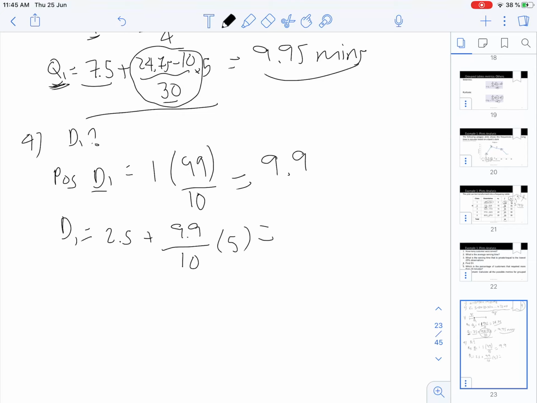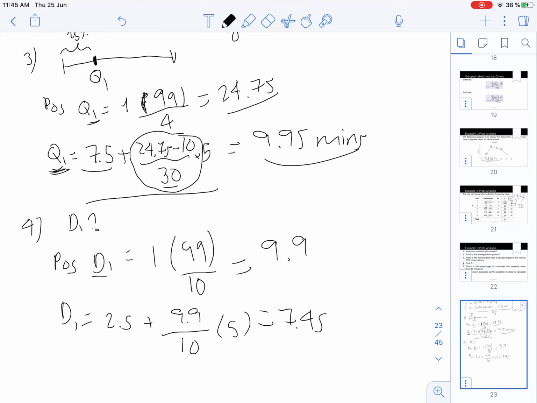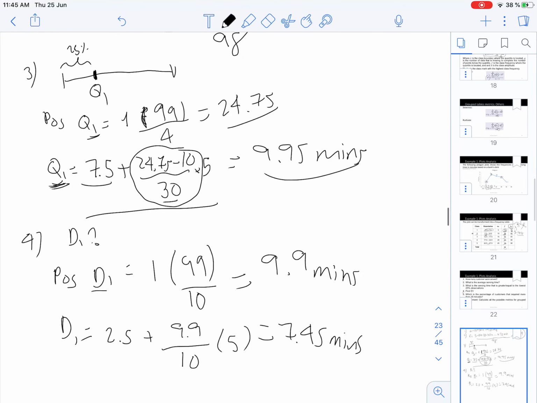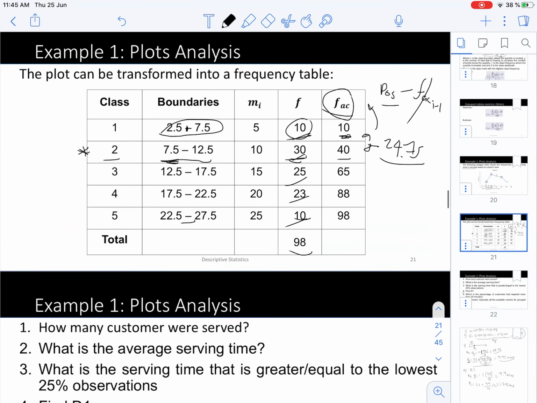Alright, so when you compute the number, you get that the first decile is 7.45 minutes, right? This is minutes. The meaning of that is that 10% of the service times are below or equal to 7.45 minutes. You gotta be always, guys, aware of the number that you are getting.